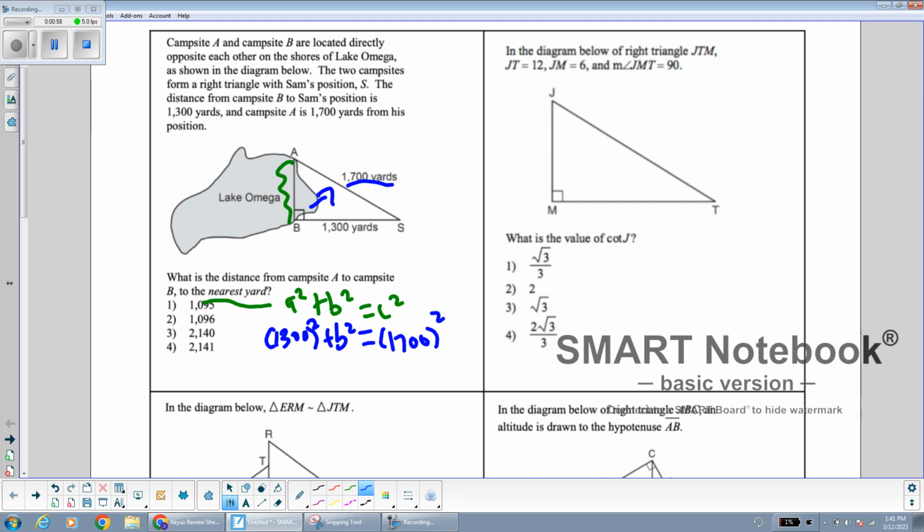1,300 squared is 1,690,000. 1,700 squared is 289, and then 4 zeros after that.